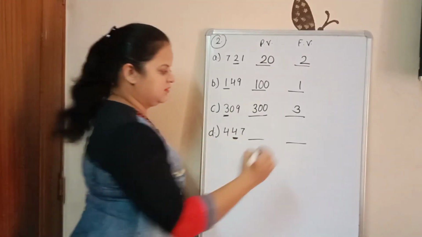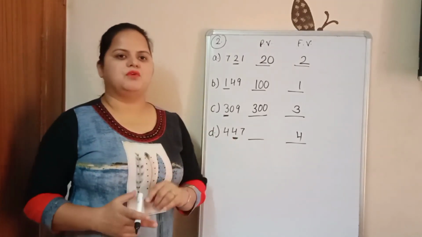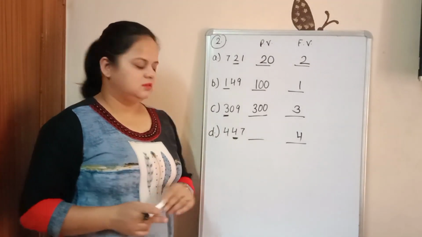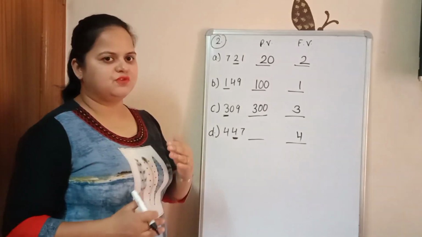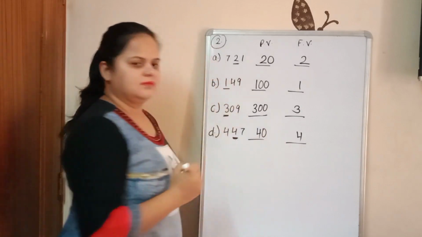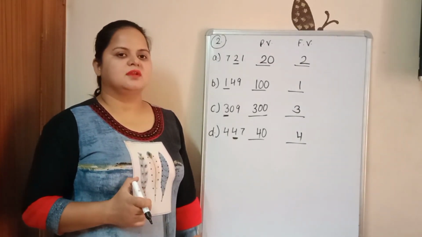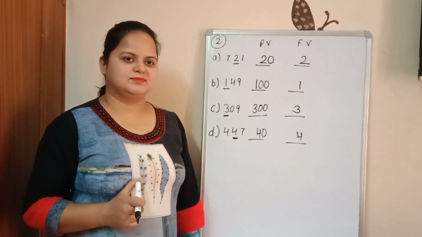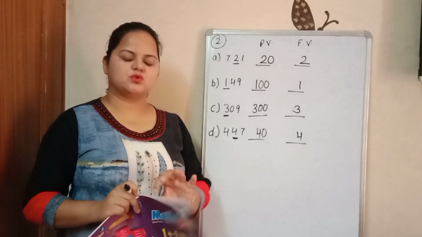Next, 447. The face value of 4 is 4. What is the place value of 4? This 4 is placed on tens place. So this is 4 tens, means 40. Understand? Very well done. Complete this work in your books quickly.